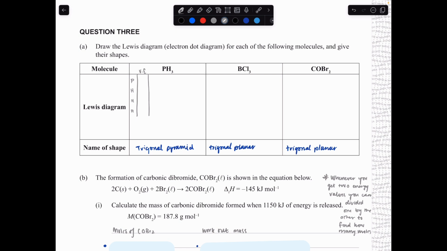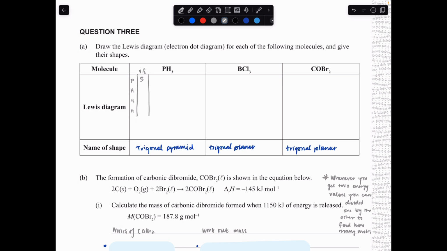Well, I look at the periodic table in front of me, and so phosphorus, P, is in group 15. What's the second digit of 15? 5. So phosphorus has 5 valence electrons, 5 outer shell electrons.